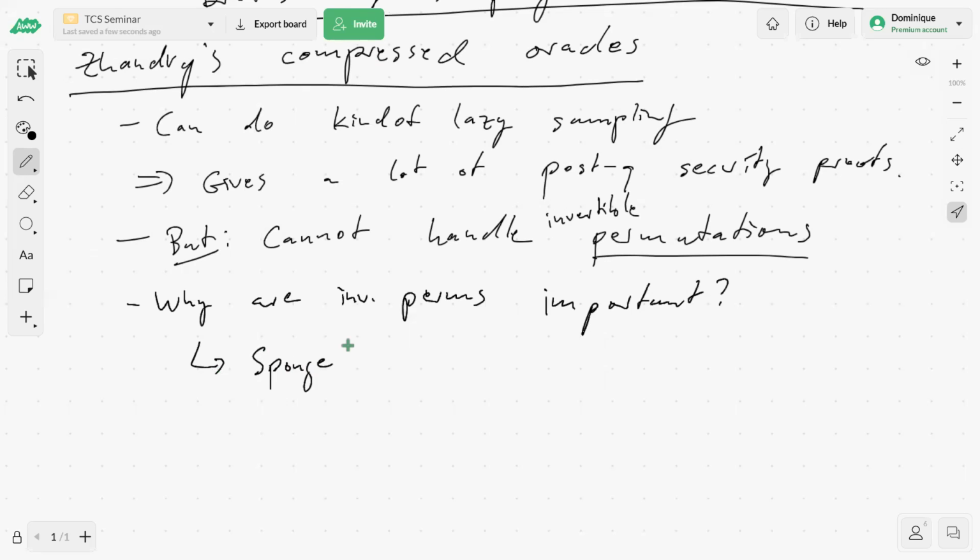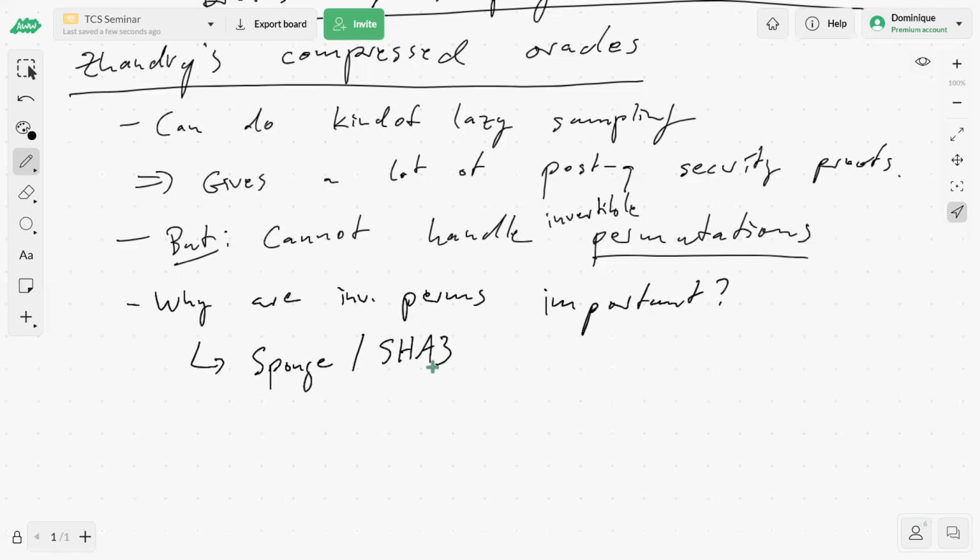And many implementations of hash functions that use this construction actually are based on invertible permutations, in particular the SHA-3 hash function. This is the main industry standard for hash functions, and it uses the sponge construction with invertible permutations.